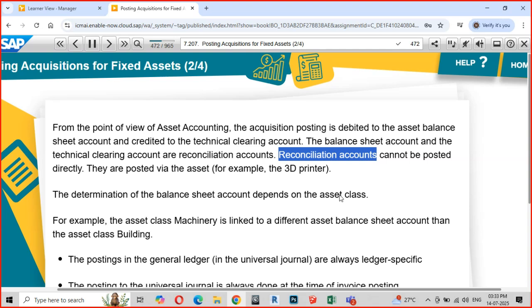Account determination. If somebody asks you how does the account determination take place, your answer should be the account determination process takes place through the general ledger accounts in SAP. That is all. Clear?